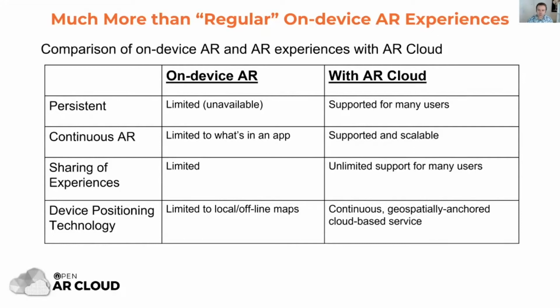Also, as you move through the scenery, you run into some issues if you try to put everything on your device. It is limited what you can store and what kind of services you can support when you're not connected. So definitely, as you move through and have a continuous contextual search, that is really only possible with an AR cloud setup.